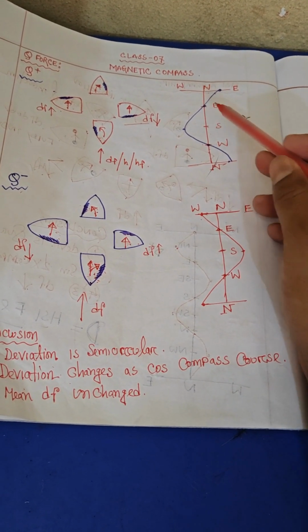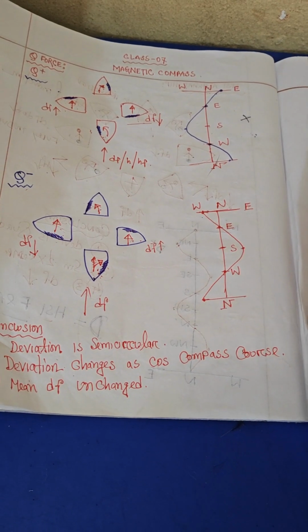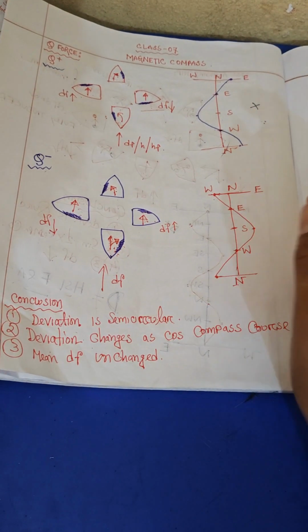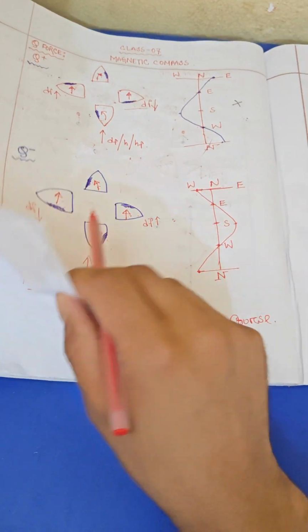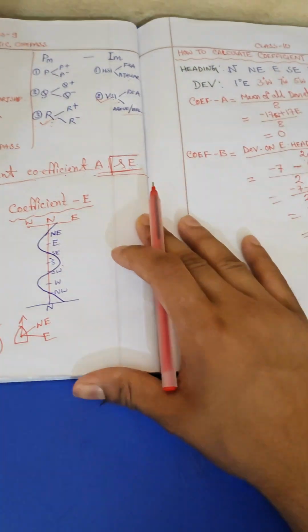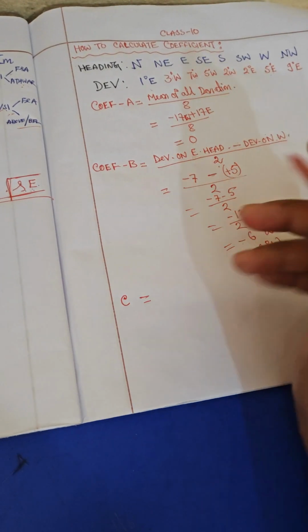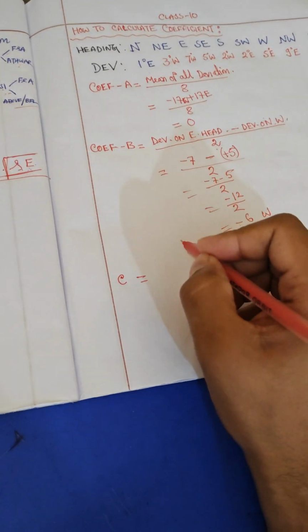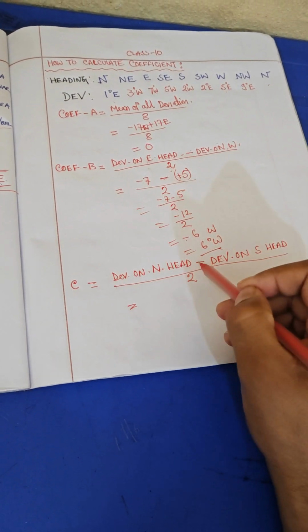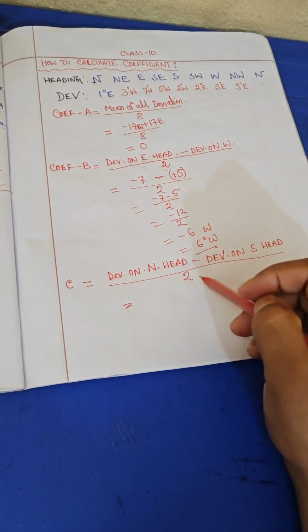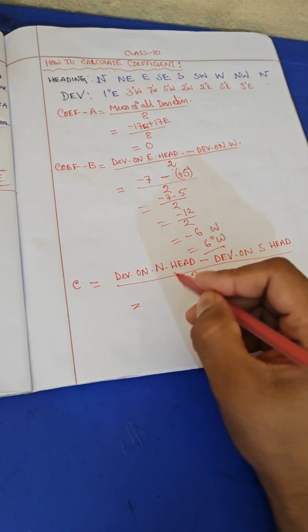For the other two, east and west heading, we are not getting any deviation, so this means we will not use those. The other two, where we get the maximum deviation, we use those. So here also same, understand guys, this C is for the deviation on northerly heading minus deviation on southerly heading by 2, because we are using 2 headings.